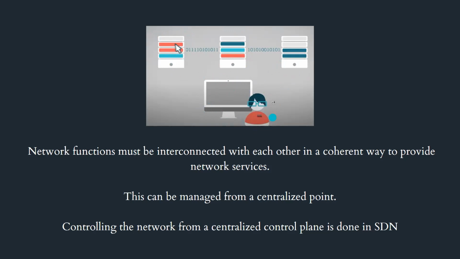Because of that, SDN is able to control the operations at the server level as well, which also helps to increase the efficiency of the network in cases where we want to control the network functions at each device level.